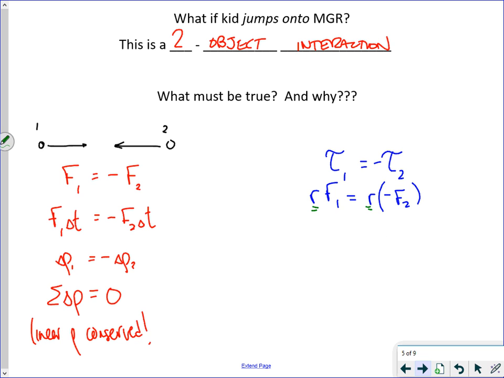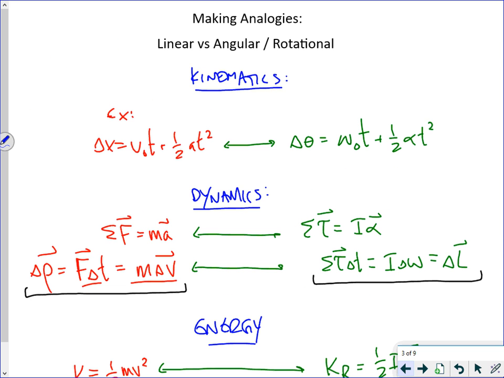And we can also say that the interactions, the torques, are experienced for the same amount of time. So I'll say torque 1 delta T equals negative torque 2 delta T. Well, remember, torque times delta T is a change in angular momentum.